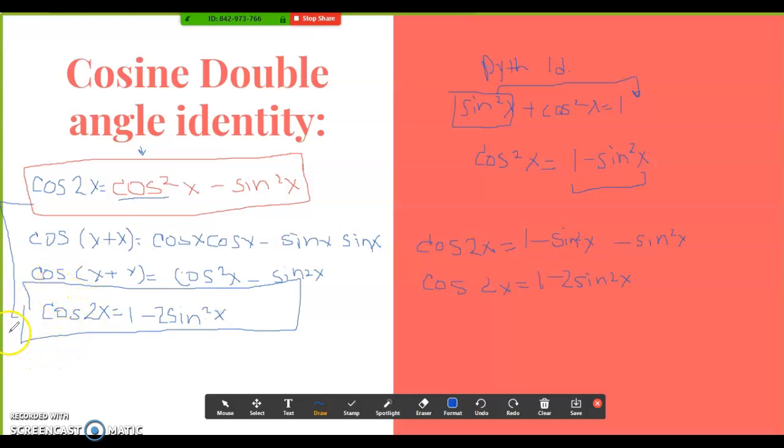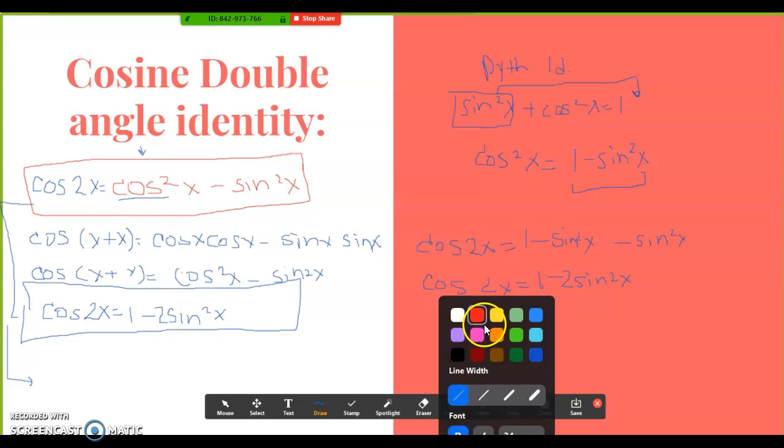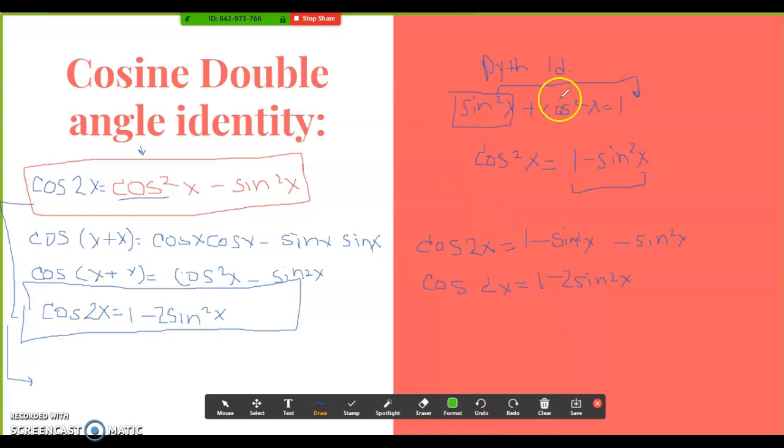All right. So let's see. We then must be able to write this another way because we also have a sine squared x, right? We know from the Pythagorean identity that sine squared of x is equal to 1 minus cosine.